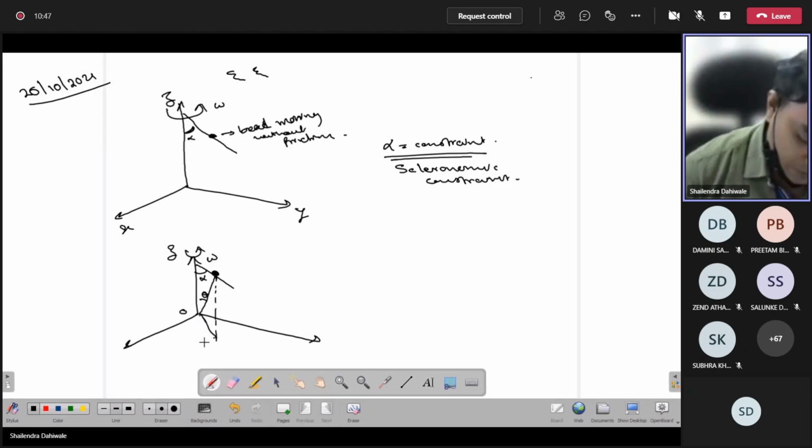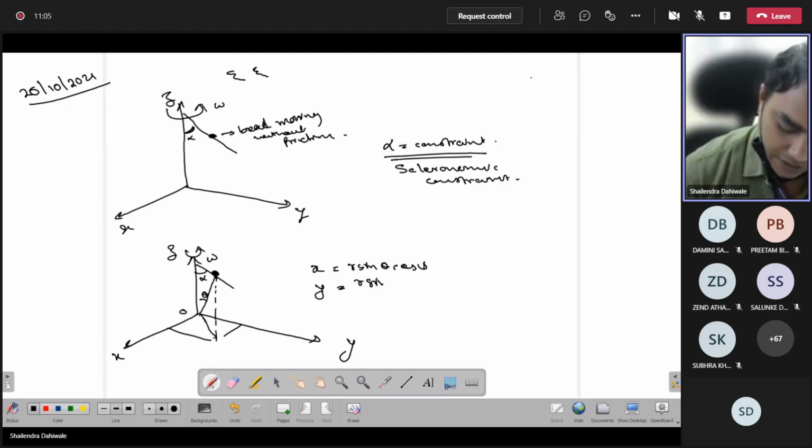Projection on the x-axis and on the y-axis you can get. This projection you can easily find: x is equal to r sin theta cos phi, y is r sin theta sin phi, and z is r cos theta.